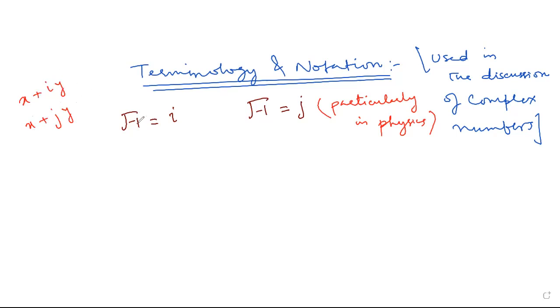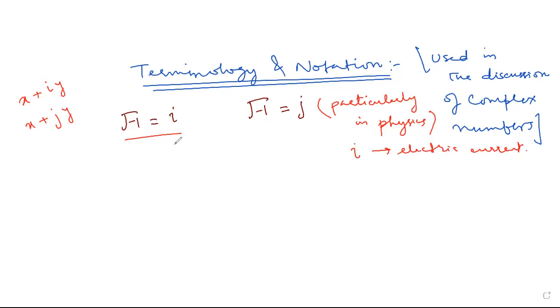Here i denotes square root of -1. In this notation, j is used to denote square root of -1. Particularly, as I said, in physics, we use letter j to represent square root of -1, because in physics, we use letter i to denote electric current.